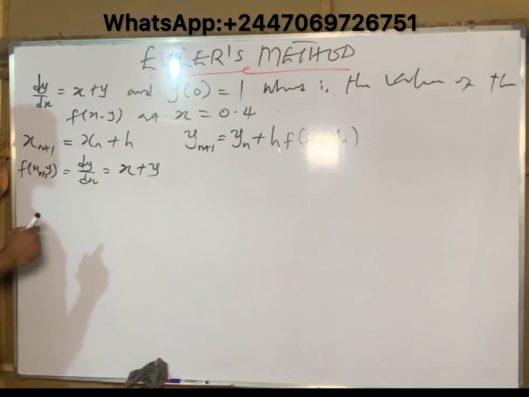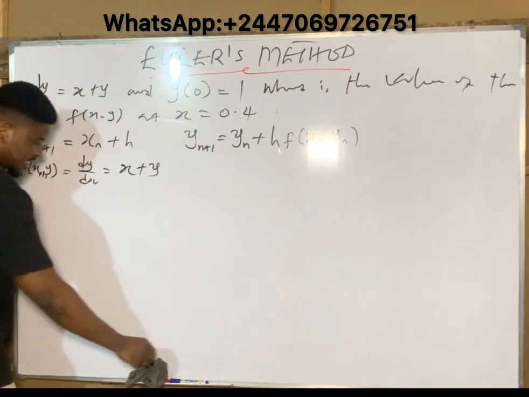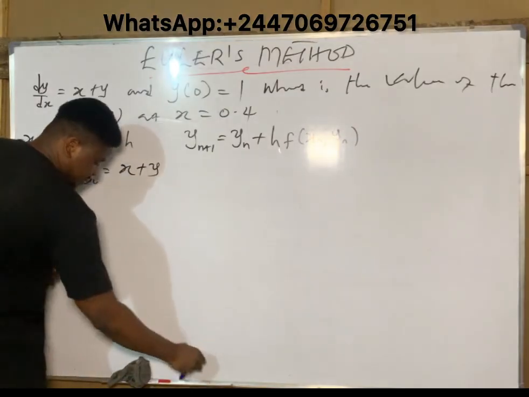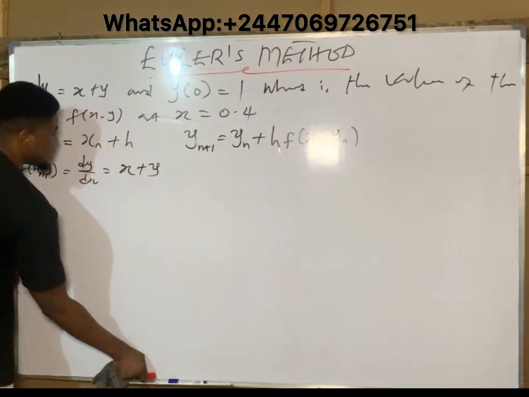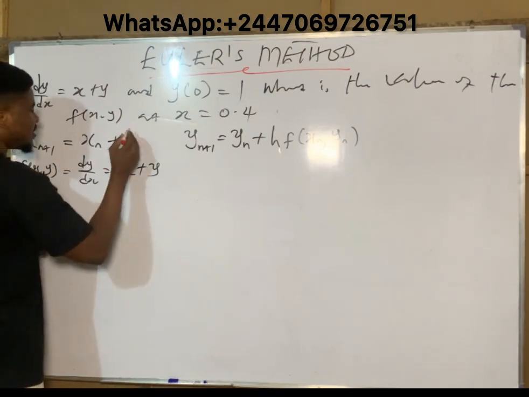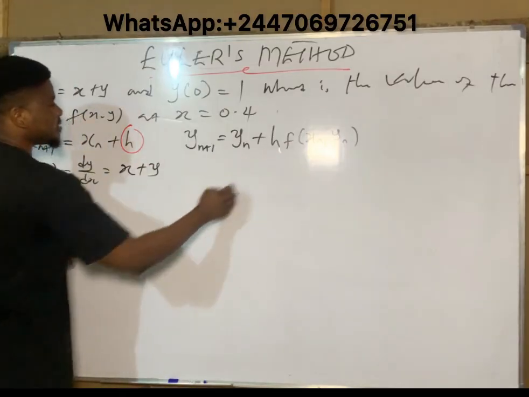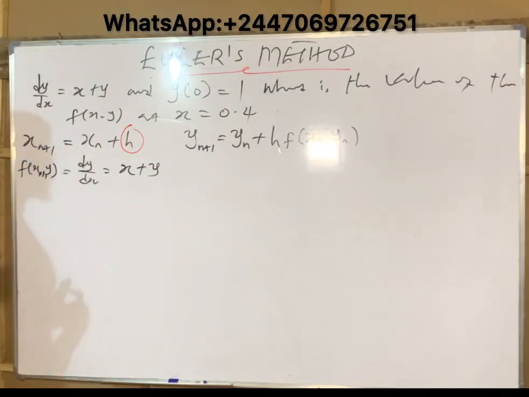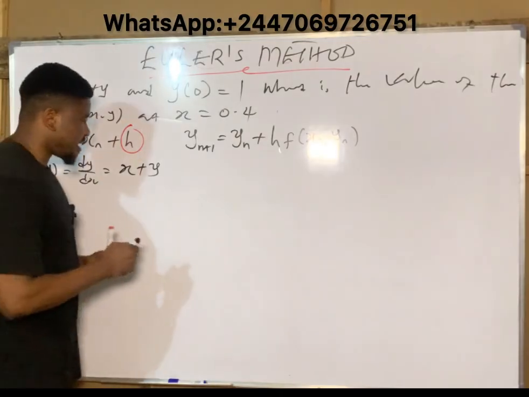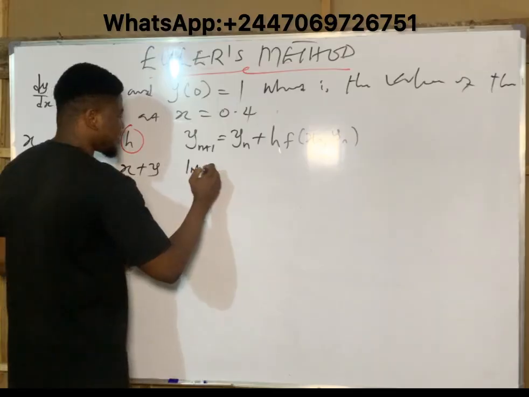Now, there is an important term in this formula, and that important term is called h. It can also be seen in the y equation. This h is called an interval or a step size.